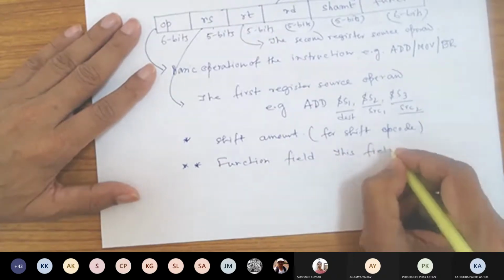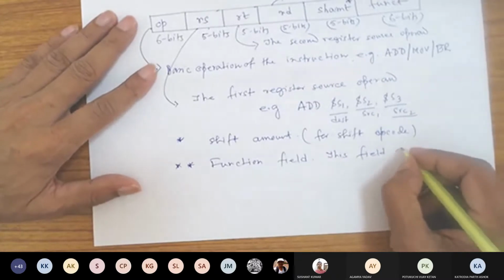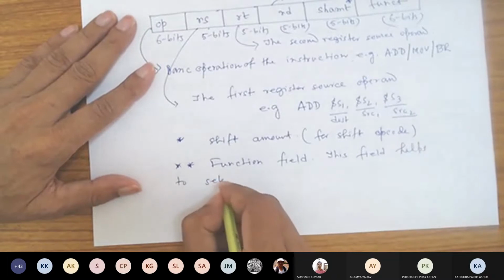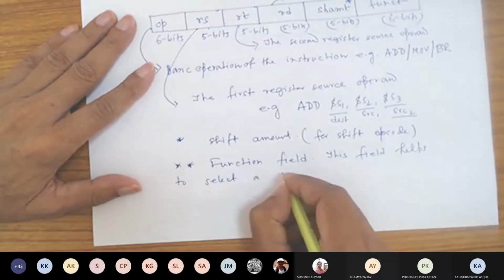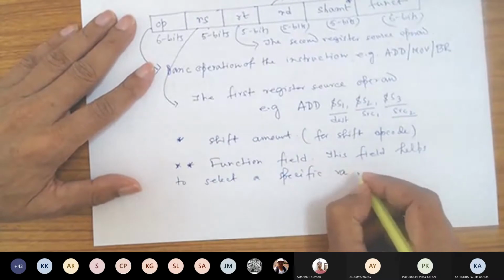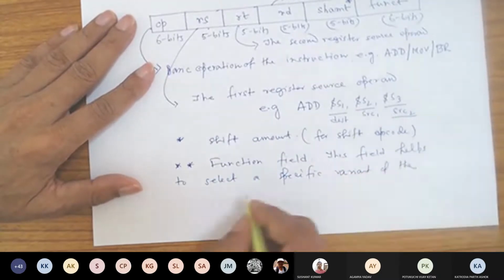This field helps to select a specific variant of the operation.